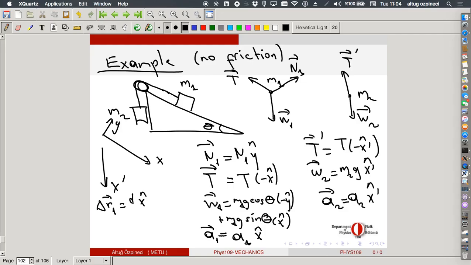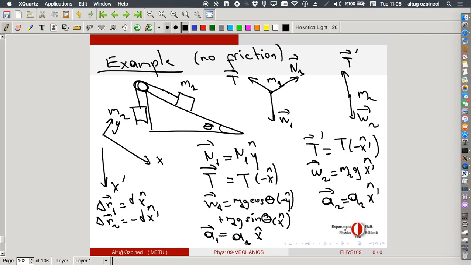But we know that if this mass is displaced by d, the other mass should also be displaced by the same amount d, either up or down. So if this is displaced by d, m2 should be displaced up by the same amount, so delta r2 would be equal to minus d in the x prime hat direction. These two equalities hold whether d is positive or negative. So these are for the displacements.